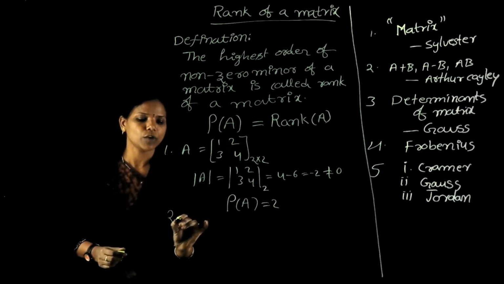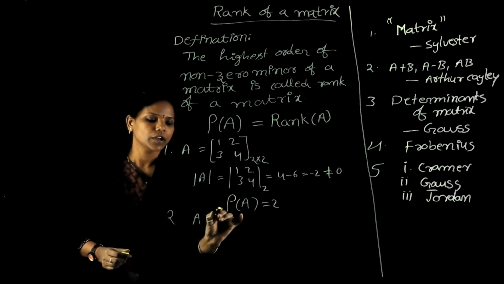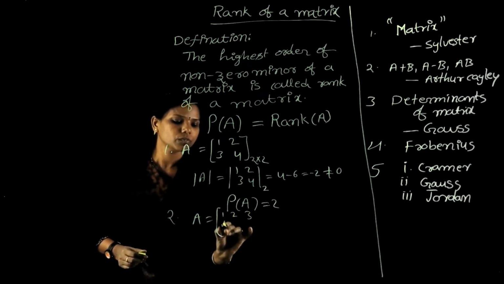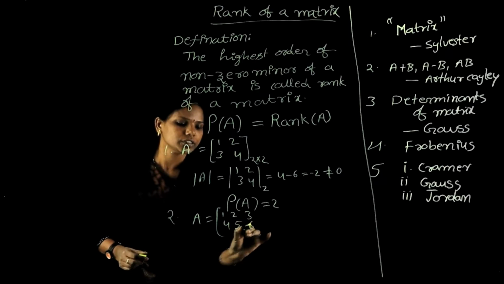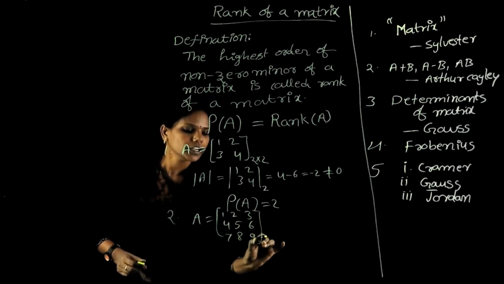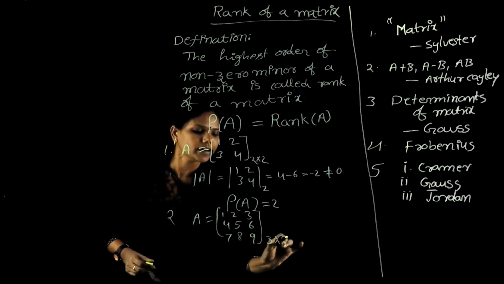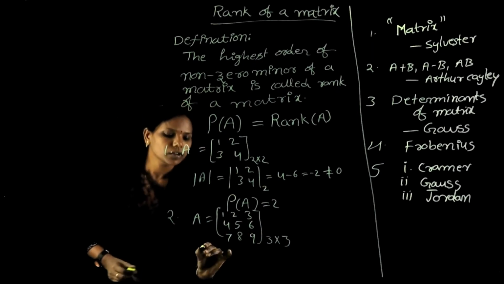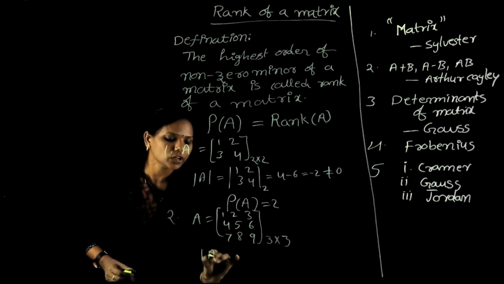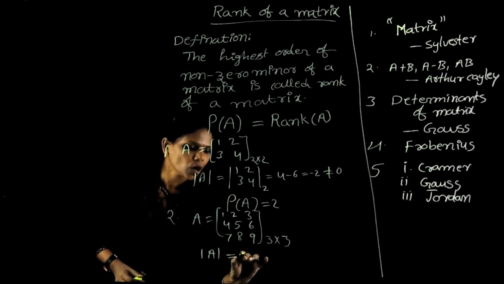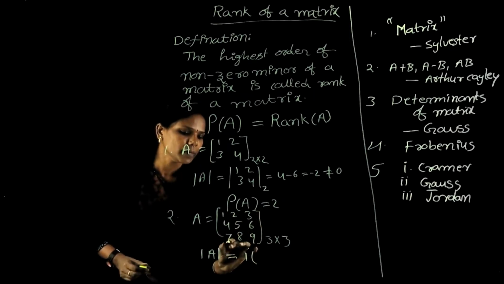Let me explain one more example. A equals 1, 2, 3, 4, 5, 6, 7, 8, 9. It is a 3 by 3 square matrix. According to the definition, now find determinant of A. As we know how to find determinant, take any row or column of the matrix.